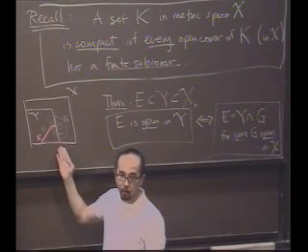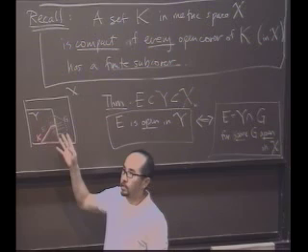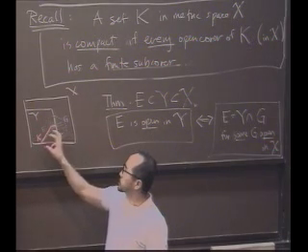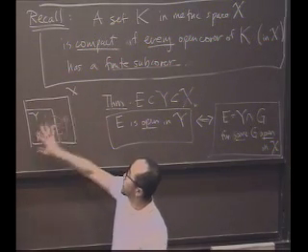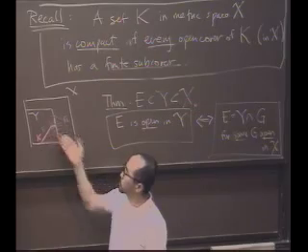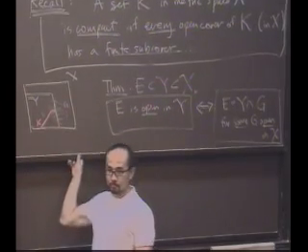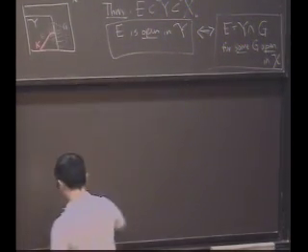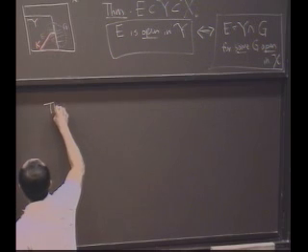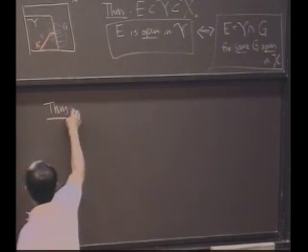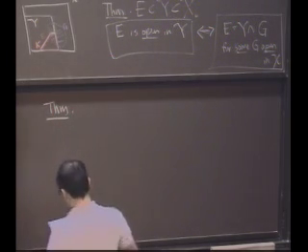And I want to know, if it's compact here, is there some relationship between being compact in Y and being compact in X, which would involve covering by purple sets? Okay, in fact, the theorem that we're about to prove says the notions are equivalent.